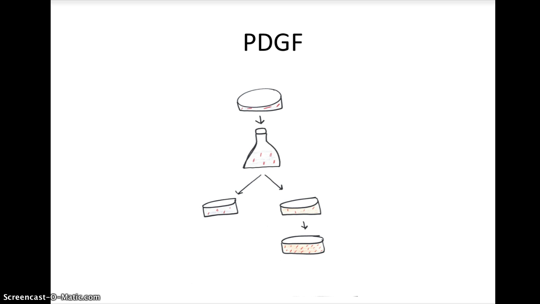The reason this happens is because the cells have PDGF receptors in their plasma membranes, and when PDGF molecules bind with these receptors, they trigger a signal that allows cells to pass the G1 checkpoint and proceed with division.